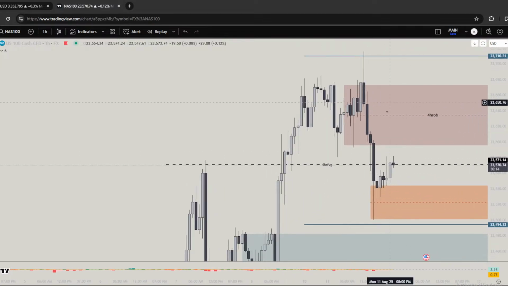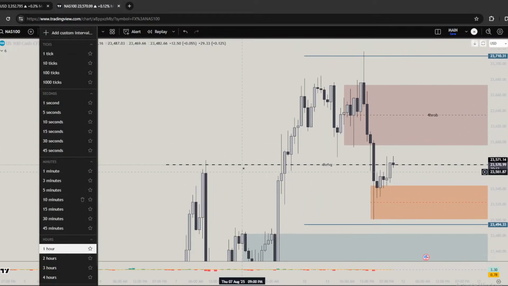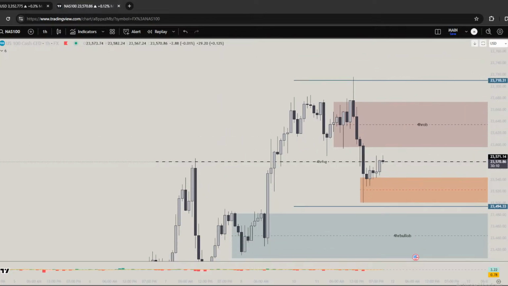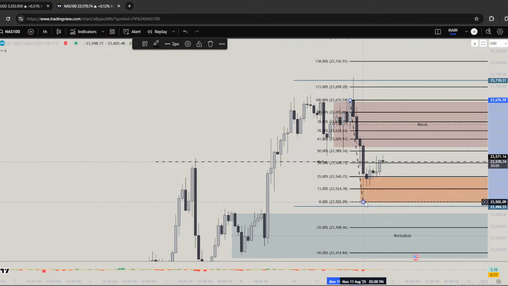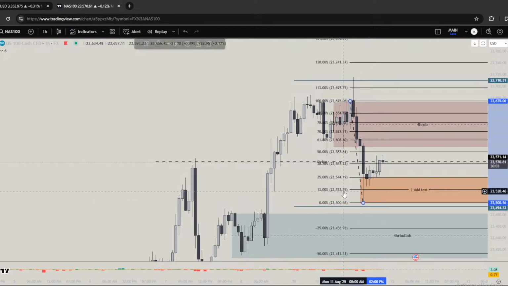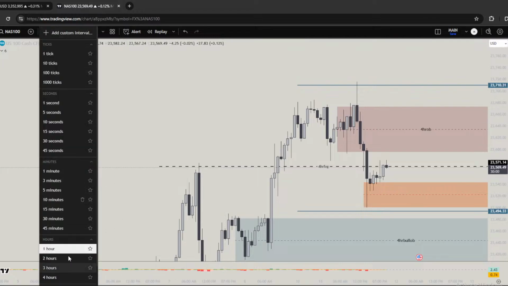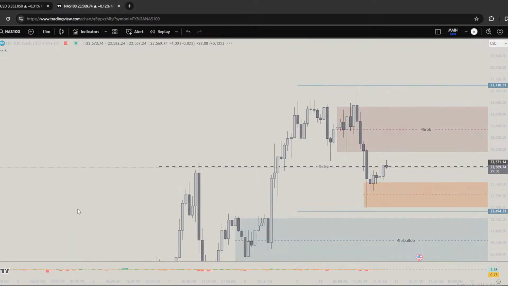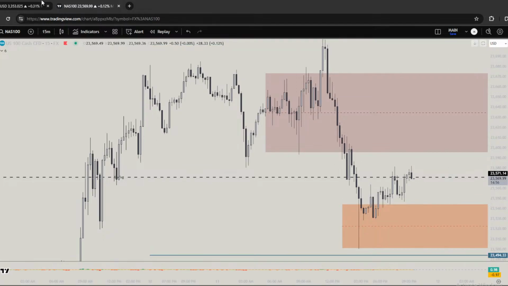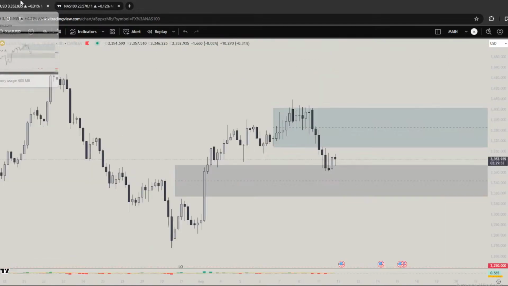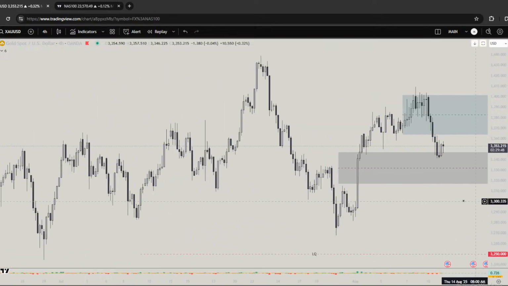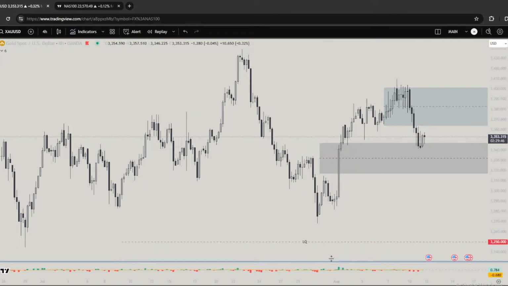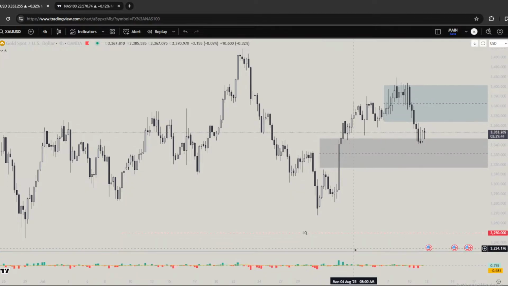I at least expect this to go back up into this order block. $689, $677. I'm trading Nas, gold, and GBP.